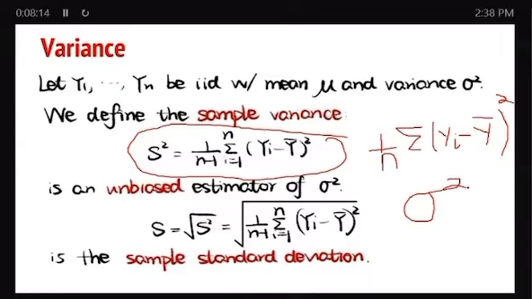That is what we're looking for. So the reason we prefer the sample variance formula divided by n minus 1 is that we've been able to prove that the expected value of s squared is equal to sigma squared.